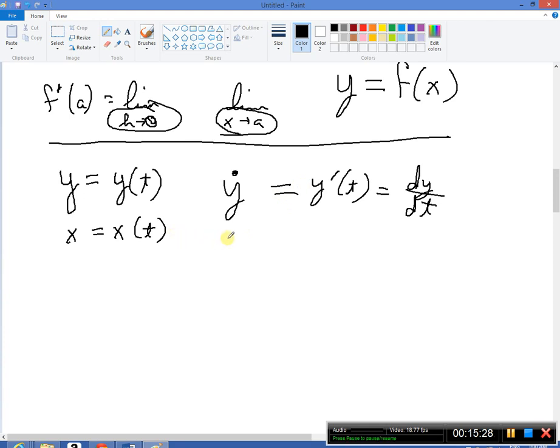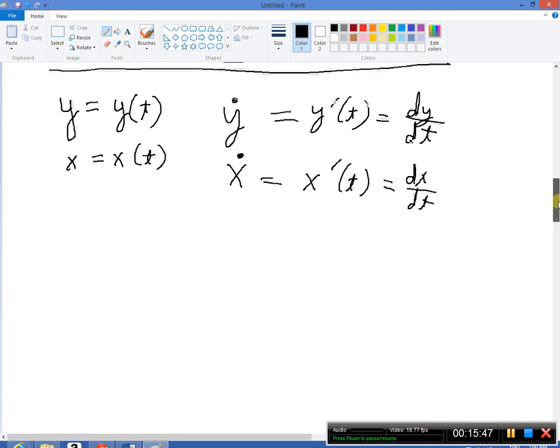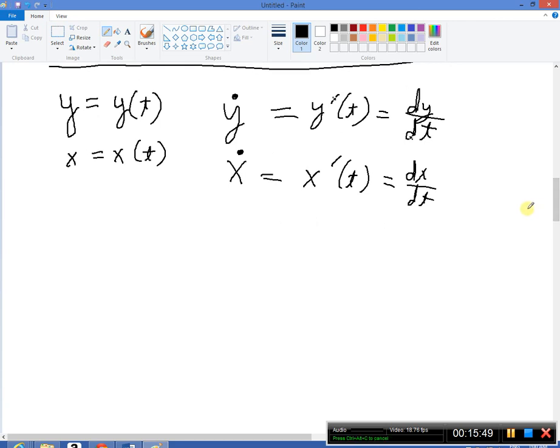And similarly, x dot would be the time derivative of x, the derivative of x with respect to t. So this is just a notation. I don't think we'll ever use this in this course, but those of you in engineering and physics, I'm sure you will come across this at some point.